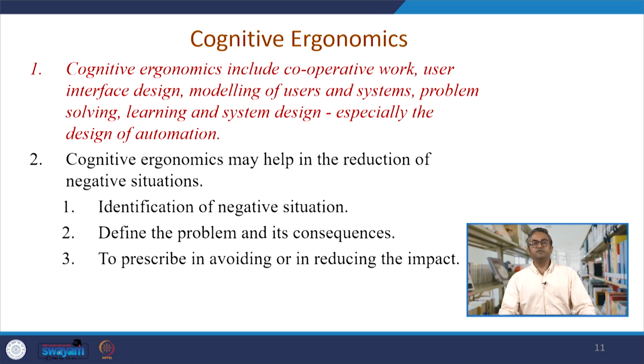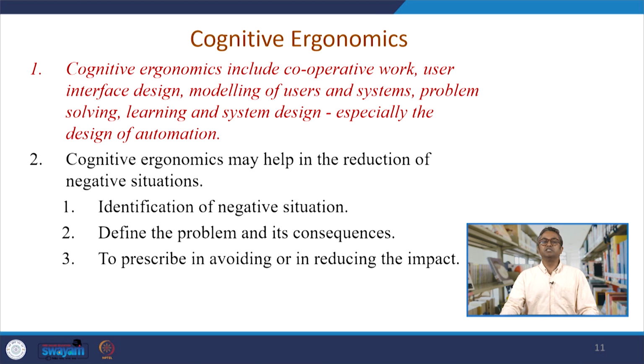So, cognitive ergonomics may help in these cases to reduce the negative situation, such as identification of the negative situation. What are the challenges? What kind of perceptual challenges the elderlies are facing? What kind of attentional challenges elderlies are facing? What kind of perceptual challenges a child is facing?